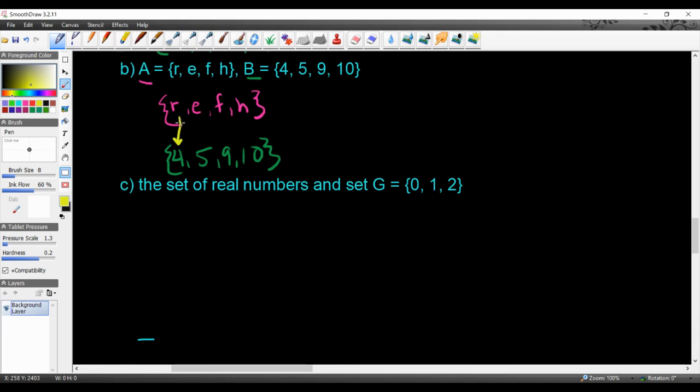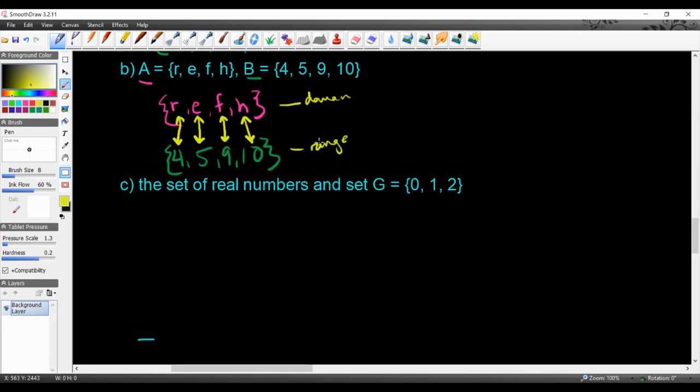So let's see. I can match my R with the 4, my E with the 5, my F with 9, and my H with 10. So I mentioned earlier domain and range. If it helps, because I know that you're more familiar with that, you can think of this one kind of as a domain and this one kind of as a range.